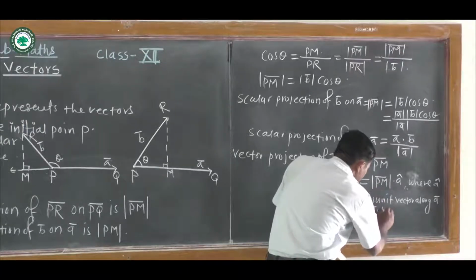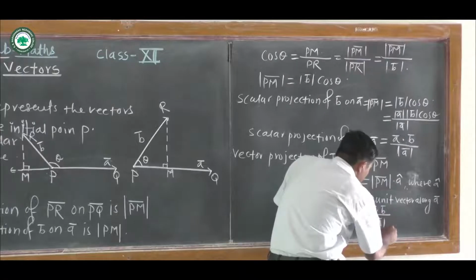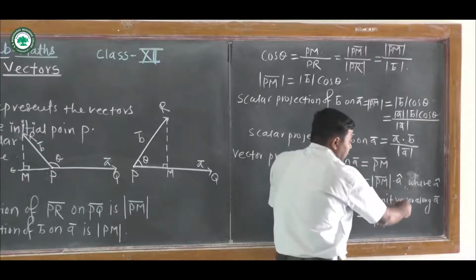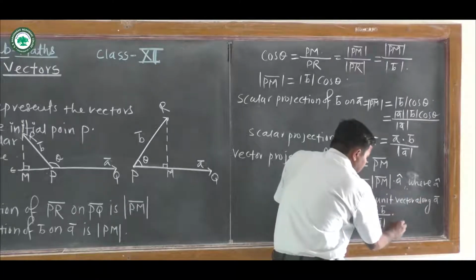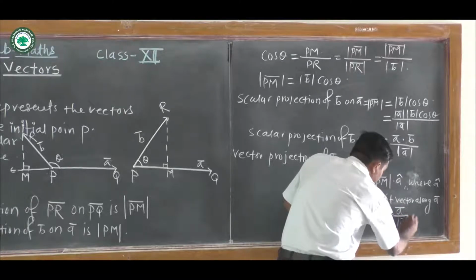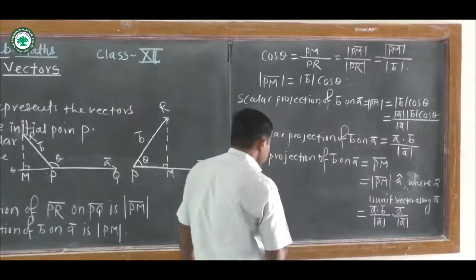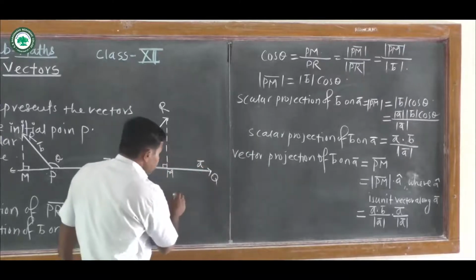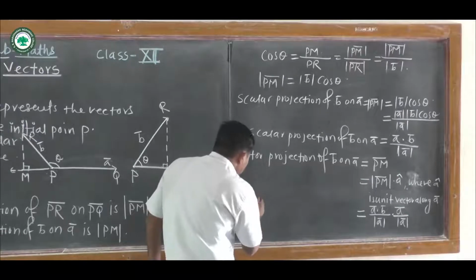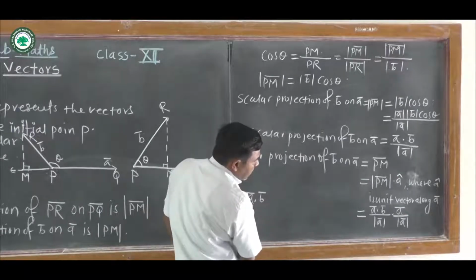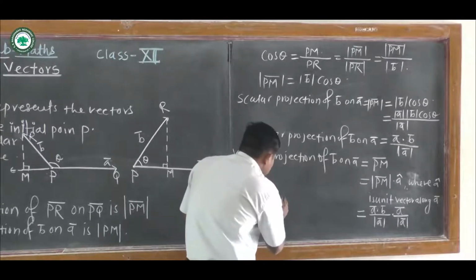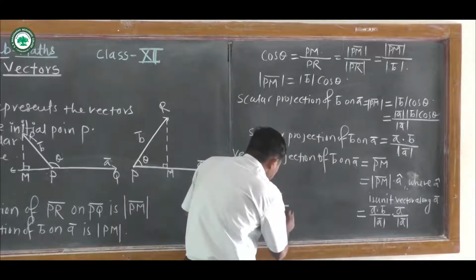It is A bar dot B bar divided by magnitude of vector A into A cap. What is A cap? It is the unit vector along A bar. By the definition of unit vector, this can be written as vector A divided by magnitude of vector A. Again, it is equal to A bar dot B bar into vector A divided by magnitude of vector A square.